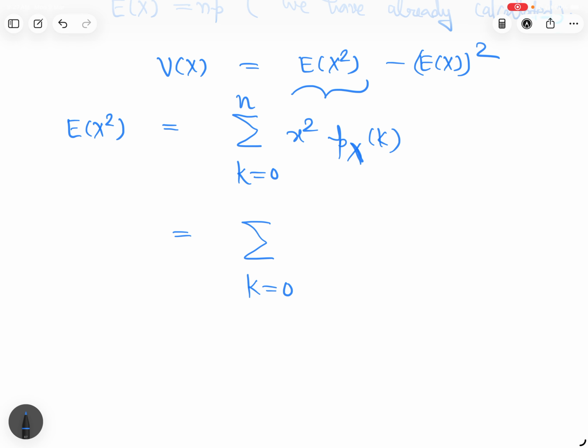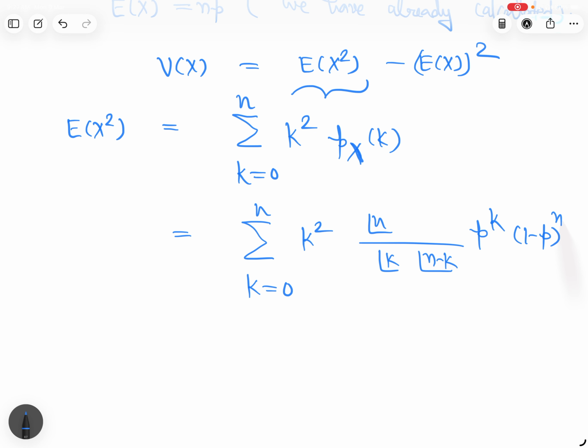Because X is a number, in place of x square you will write k square. Ultimately k will be what? k square. So k square, and write the value of P(X = k): factorial n upon factorial k factorial n minus k, p to the power k, (1 minus p) to the power n minus k.